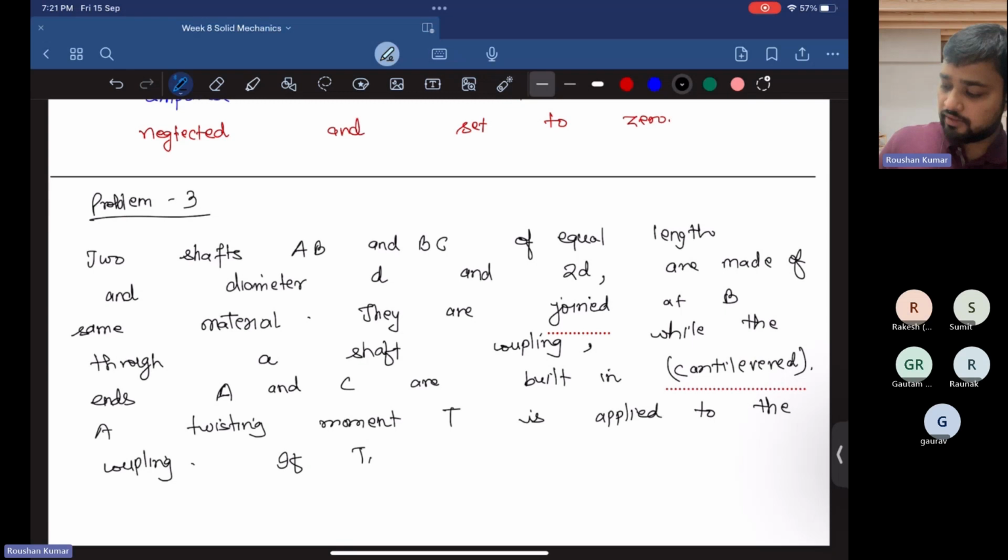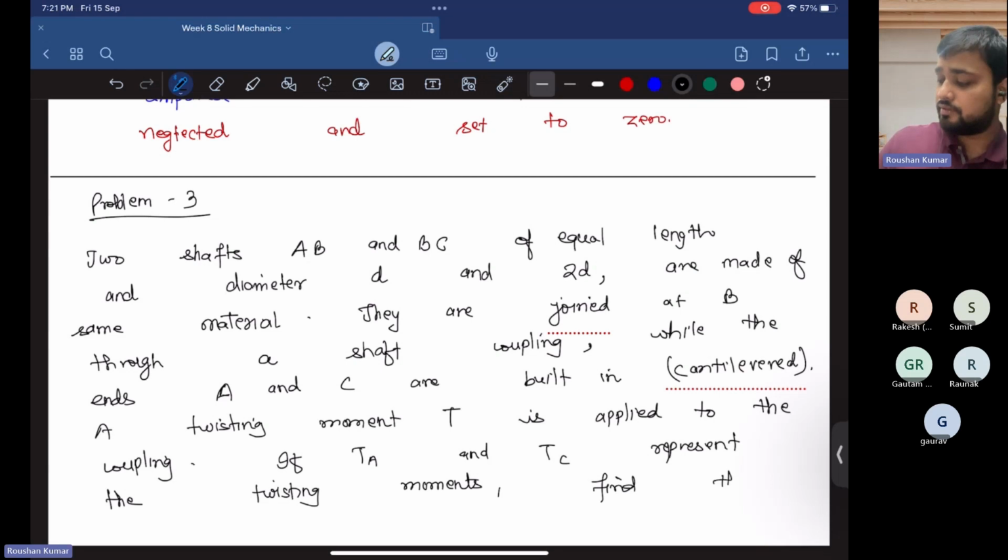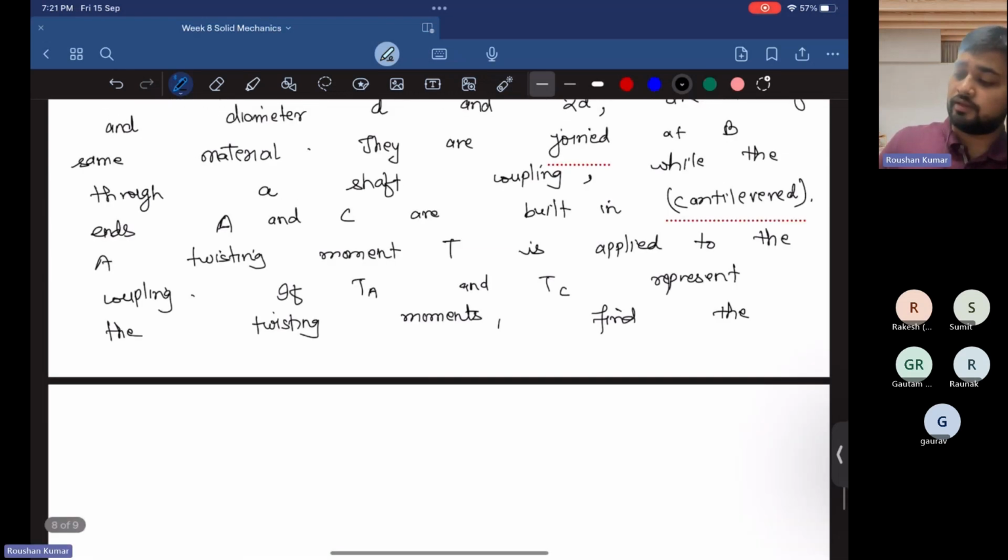If TA and TC represent the twisting moments, find the relation between TA and TC.